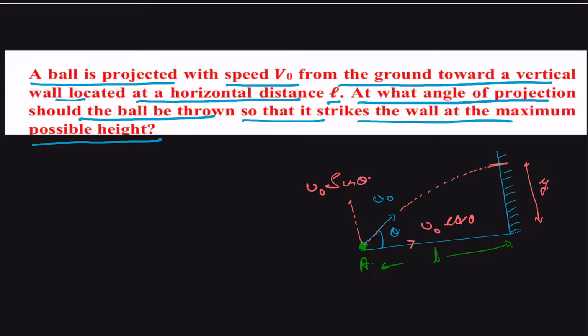In projectile, it is much easier to understand that the horizontal velocity is related with the distance covered in the horizontal direction, and the vertical with the vertical direction. And for the sake of convenience, let us assume that the distance between A and the wall is, suppose, x. We can later on replace this x by our L.